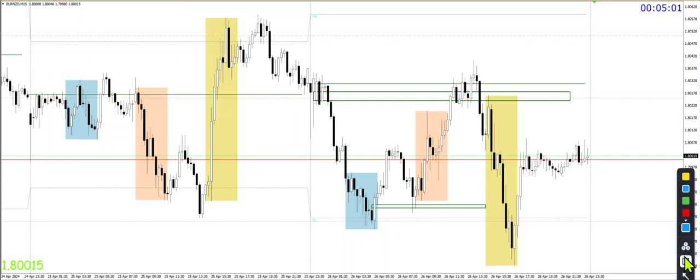Same thing on last night's trading. You got this false move up, you've got this dump into a key level, and then that's at the start of the London session for a move back up into a key resistance level. In my case, I closed the trade right there, which was the last bar of the London session.